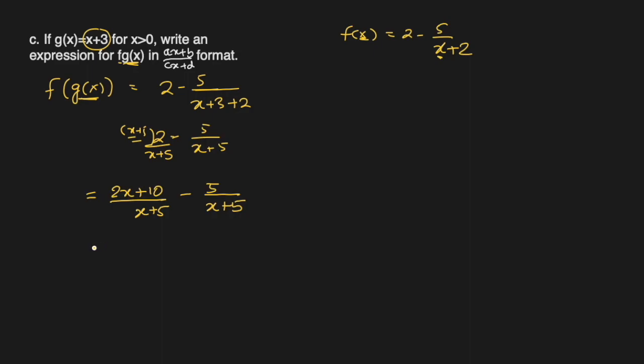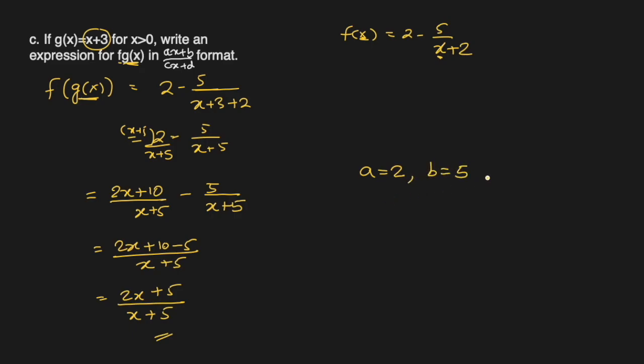Now 2x plus 10 minus 5 over x plus 5. I combined the two because their denominators are the same now. So it becomes 2x plus 5 over x plus 5. This is the format. So we got a equal to 2, b equal to 5, c equal to 1, and d is also 5.